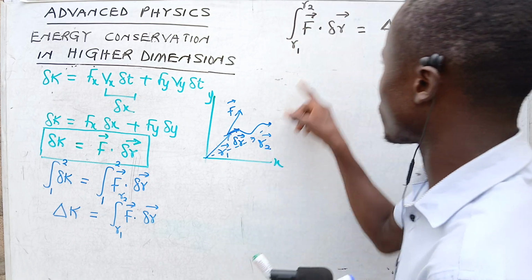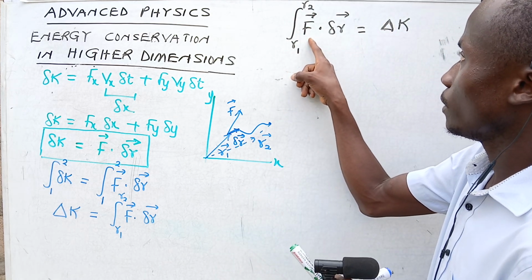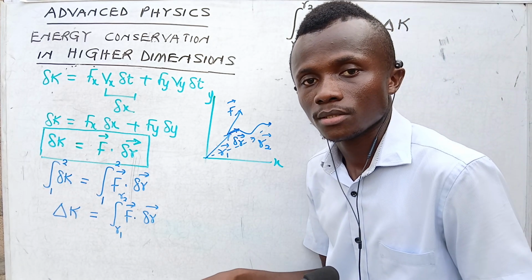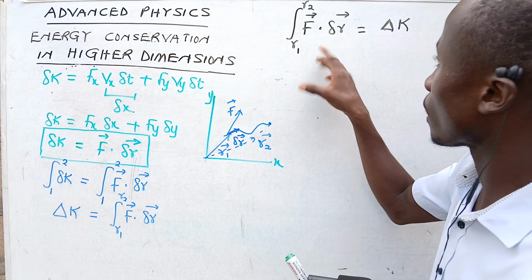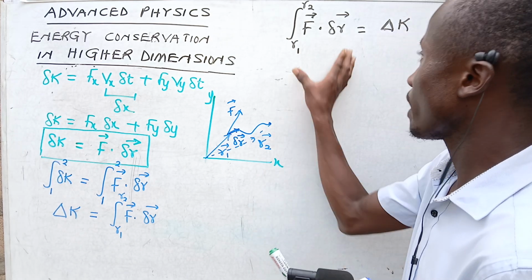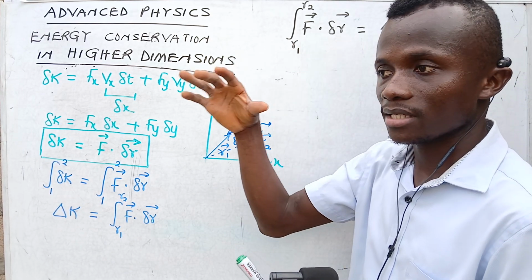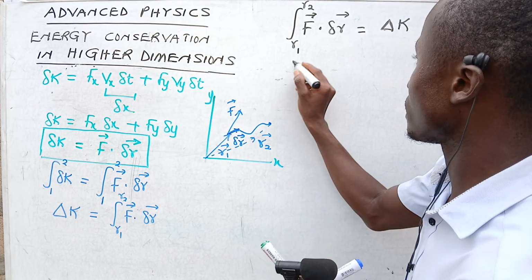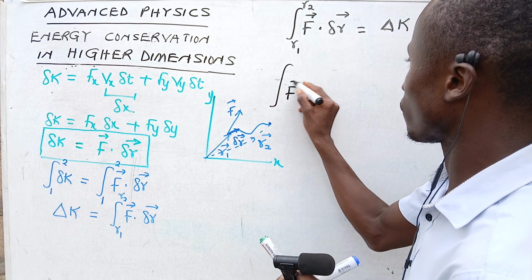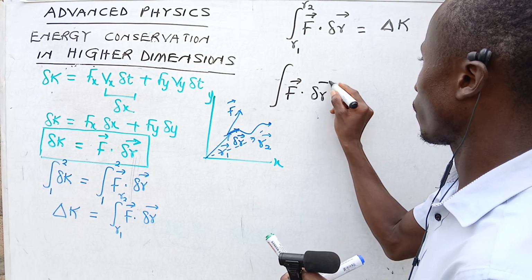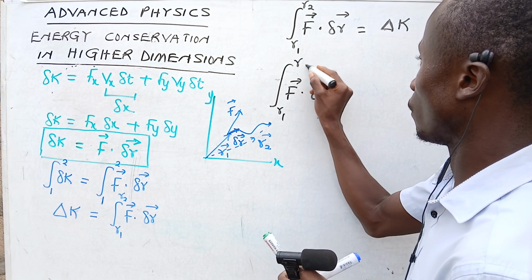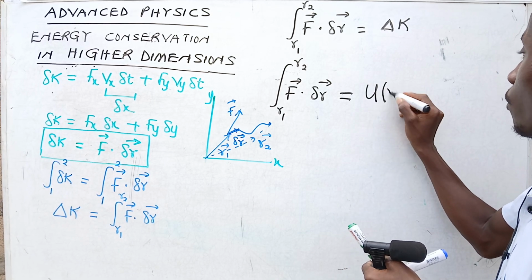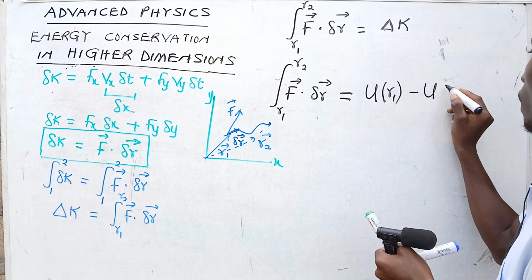So if you can do this integral, then you express it as a change in kinetic energy. So the problem now is to look out if we can do this integral. Can we express this integral as a potential at 1 minus a potential at 2? What I'm trying to say is that this integral of the force vector dotted with dr from r1 to r2, is it equal to, say, U at r1 minus U at r2?